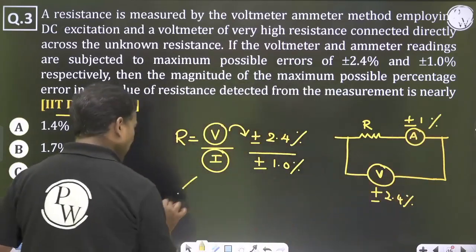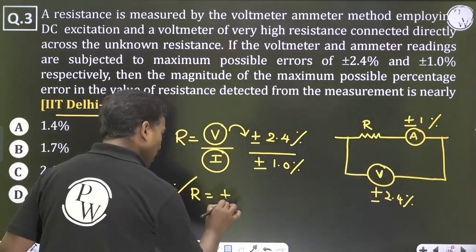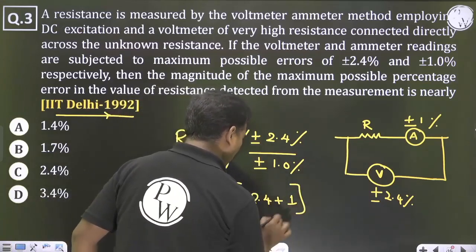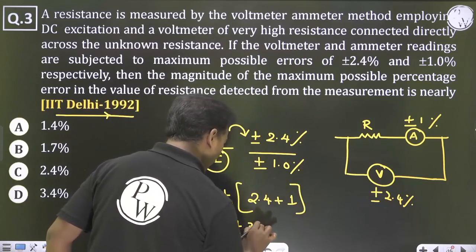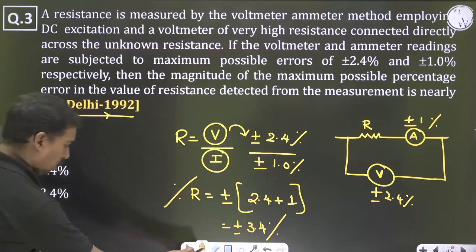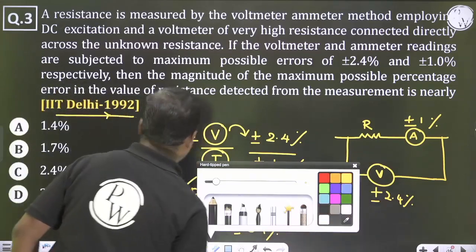So what is the percentage error in R? That can be taken as the summation, 2.4 plus 1, which comes to plus or minus 3.4%. The right answer for this question is option D.